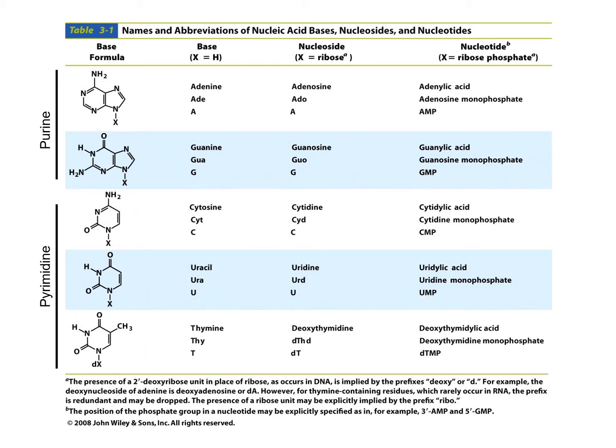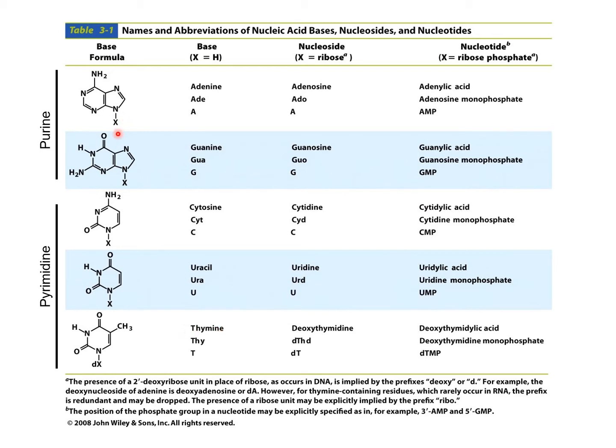This table also shows the different namings based on what other molecules or groups are attached to them. The first one is adenine. If the base region, indicated here as X, is just a hydrogen, then it will be called by the basic name, adenine, indicated as just the one letter A, and likewise guanine, cytosine, uracil, and thymine, as you can see here.